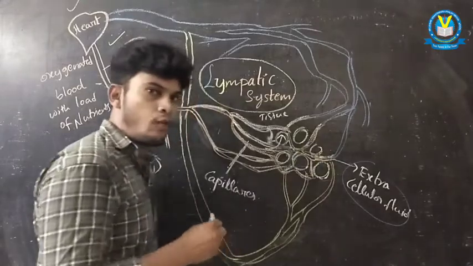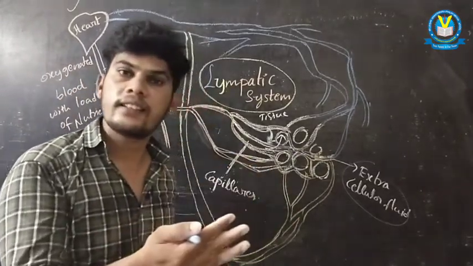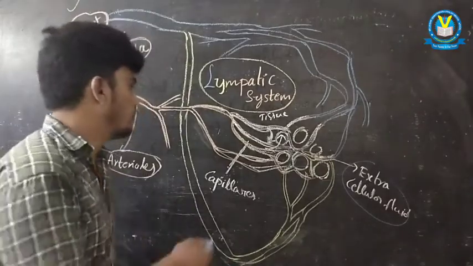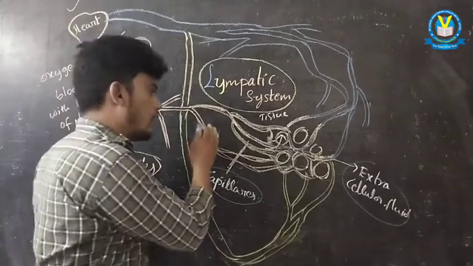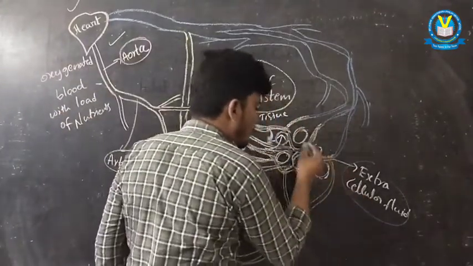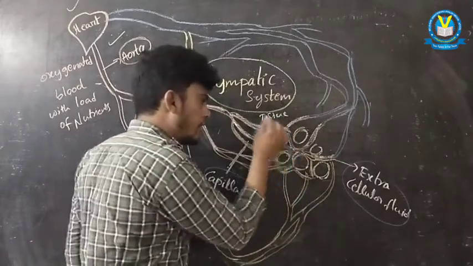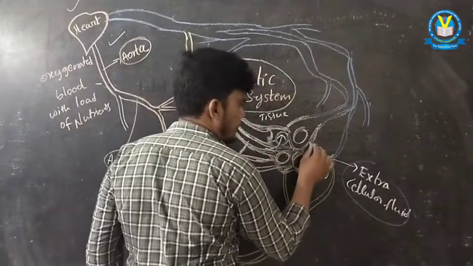We already know what is the interlink between arteries and veins. Yes, exactly, you are correct. Capillaries are interlinked between arteries and veins. So these wastes that are diffused into the extracellular fluid again pass through the blood capillaries.